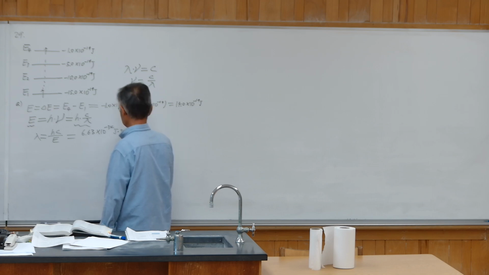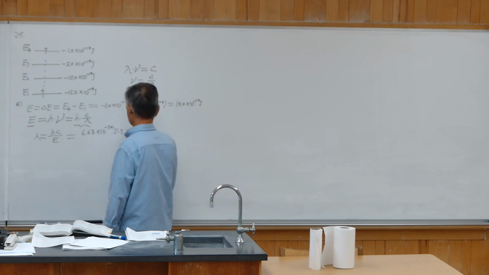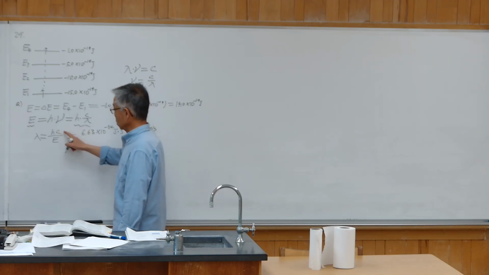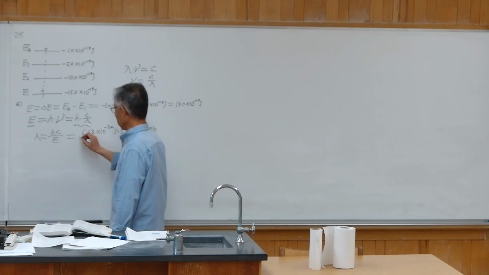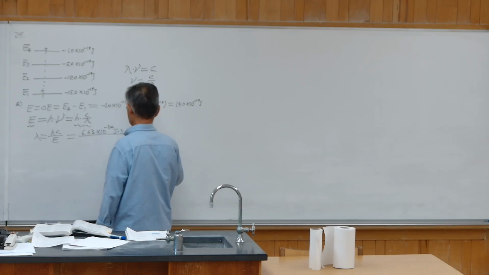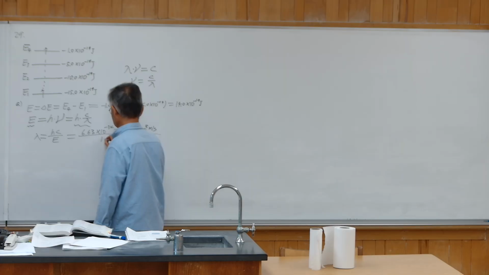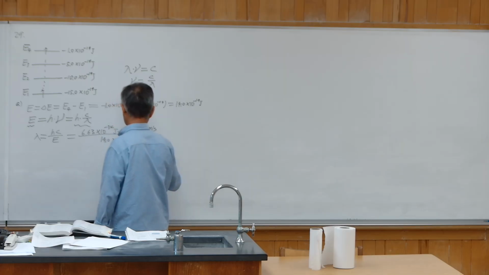And C is light speed, 3 times 10 to the 8th power meter per second. Planck constant h and light speed c, I will provide you during the quiz or test. E is energy needed. We just calculated as 14 times 10 to the negative 19th power joule.